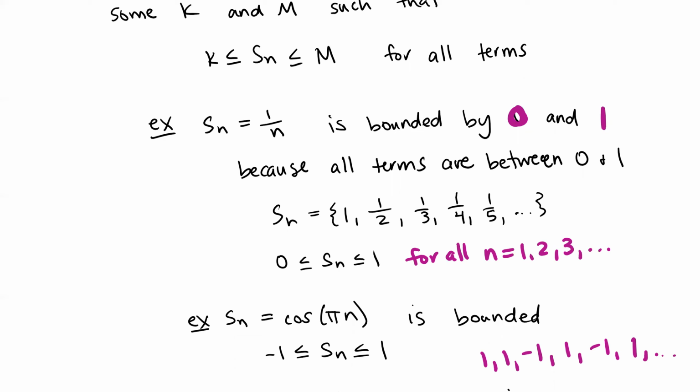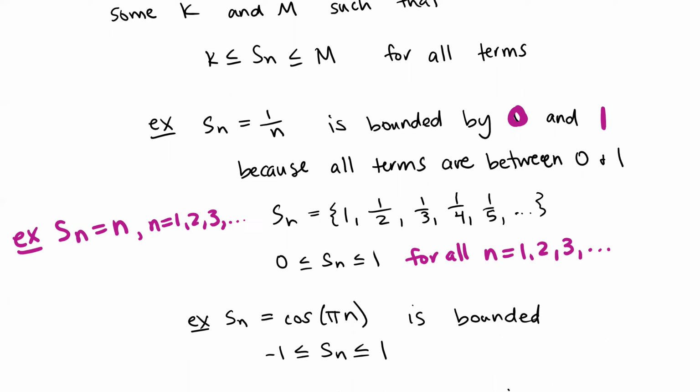If we want to think about an example where our terms are not bounded, we can think about Sn equals n. For this one, we have a lower bound. Our lower bound here is 1, but this doesn't have an upper bound. And we need to have both an upper bound and a lower bound in order to say that a sequence is bounded.